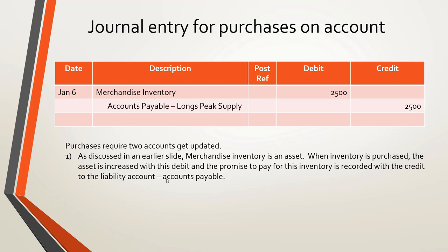And so here we would debit our asset account merchandise inventory for $2,500, and credit accounts payable to Longs Peak Supply for $2,500. So that's a pretty straightforward journal entry, but one that's basic that you're going to need to be able to do. So two sides to a merchandising business: a sale, which involves a journal entry, and a purchase of the inventory.